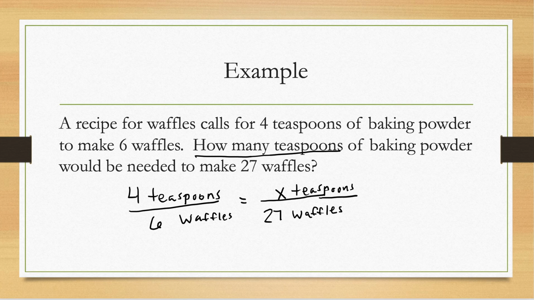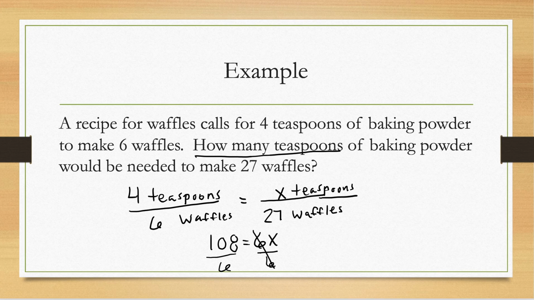And then we work it out. Again, we're going to cross multiply. So I might start with the 4 times the 27. 4 times 27 is 108. And then multiplying on the other side, 6 times x is going to be 6x. We need to get rid of the 6 so that the x is by itself, so we'll divide both sides by 6.